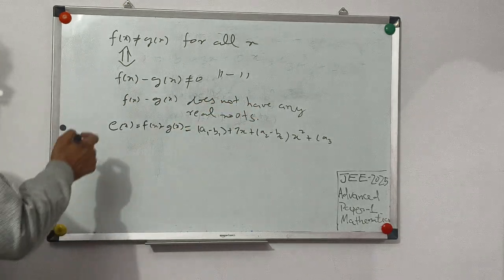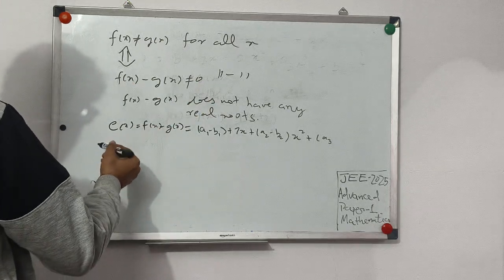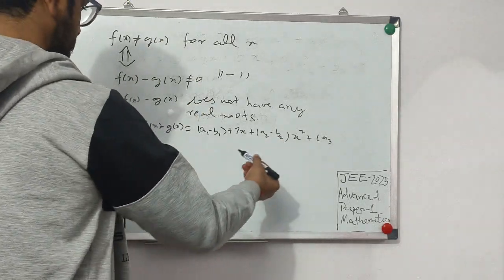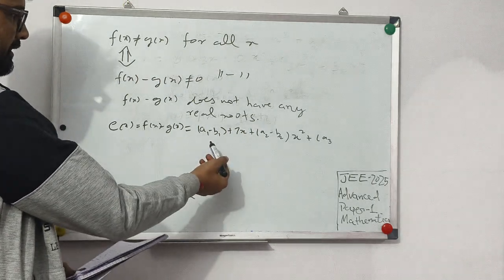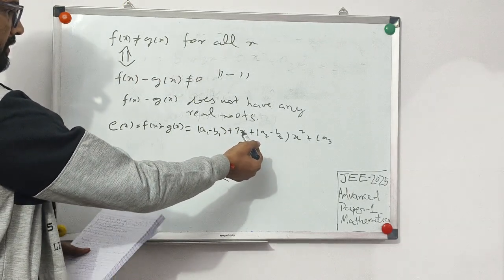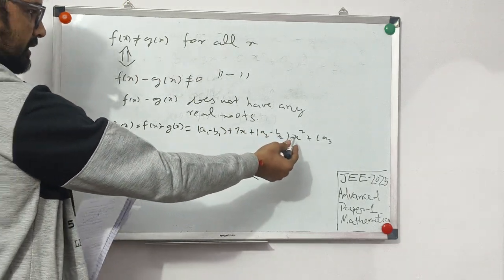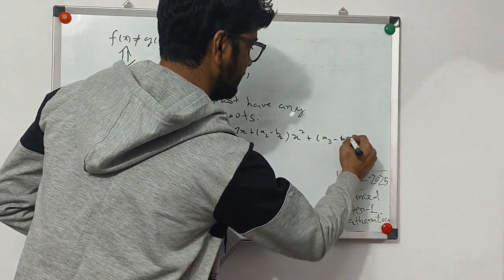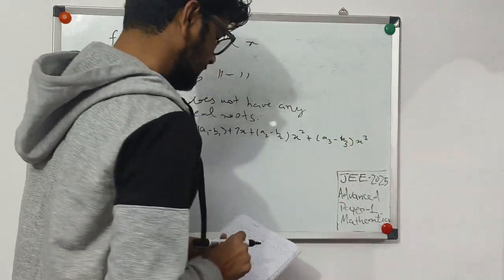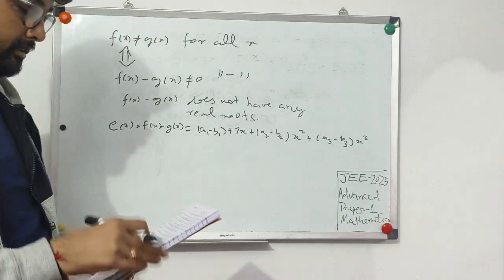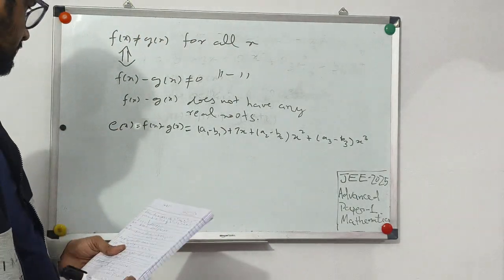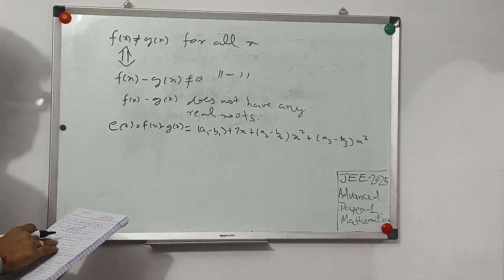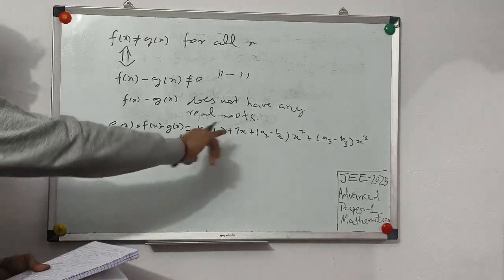So if we write f(x) minus g(x) as e(x), then we get this new polynomial e(x) equals (a1 minus b1 plus 7)x plus (a2 minus b2)x square plus (a3 minus b3)x cube. The fourth power cancels, and what the question says is that this polynomial does not have any real root.